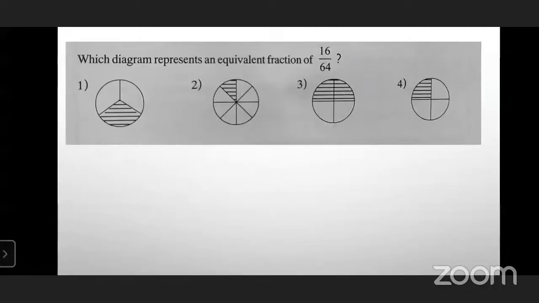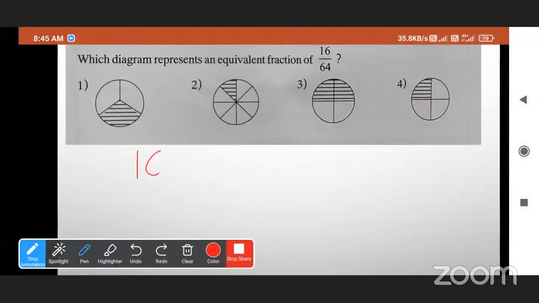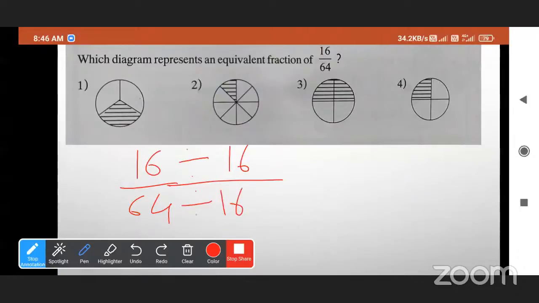Which diagram represents an equivalent fraction of 16 upon 64? Can you tell me the answer? 16 upon 64. First we will simplify it. These are the multiples of 16 only. 16 ones are 16, 16 twos are 32, then 16 fours are 64.